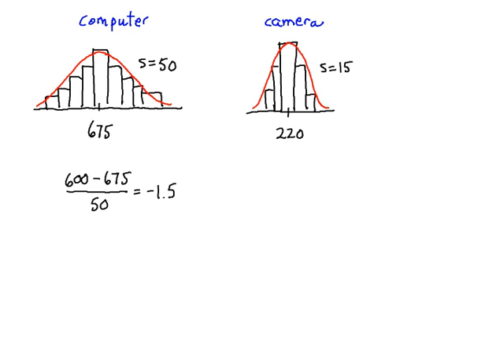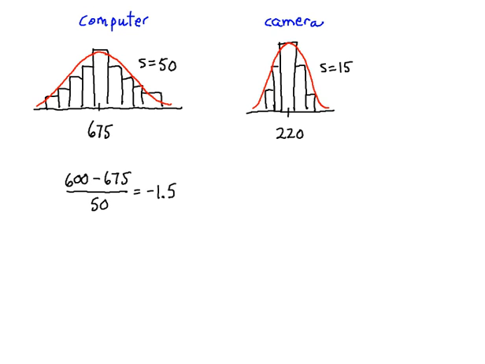Now keep in mind the distribution here that I'm talking about with the computer. It's the distribution of all the prices that people have paid for that particular computer. Jack paid $600, and according to the z-score, that $600 is 1.5 standard deviations to the left of the mean.